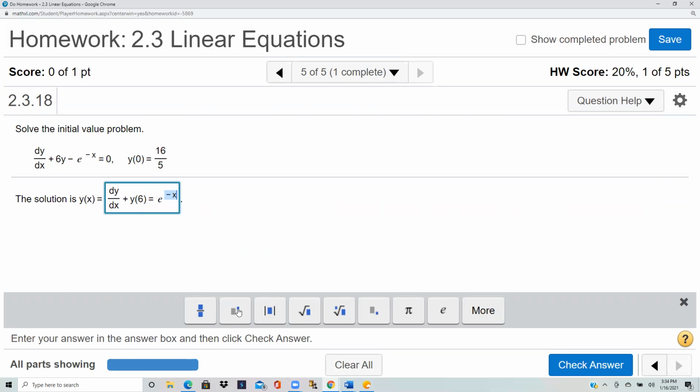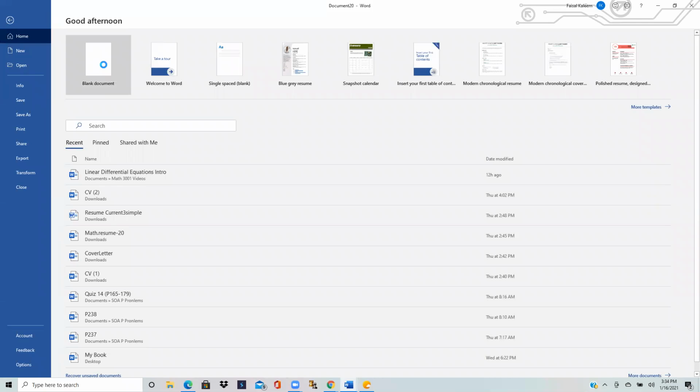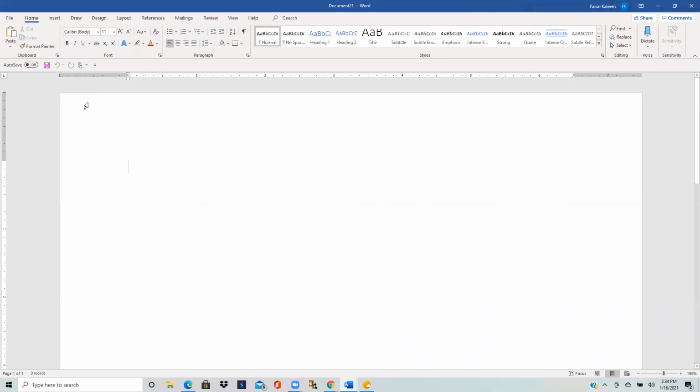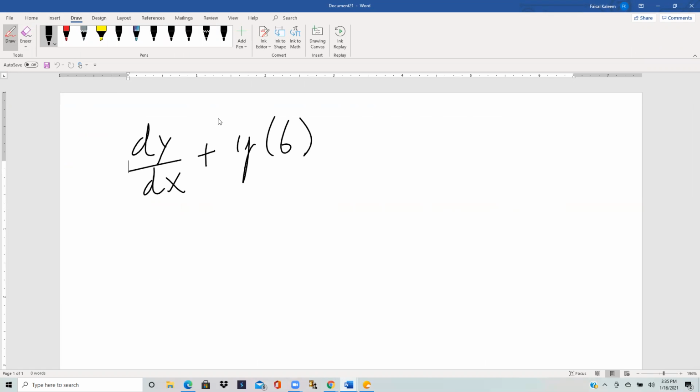So now first we get the integrating factor. Let's copy this. dy over dx plus y times 6 is equal to e power negative x.